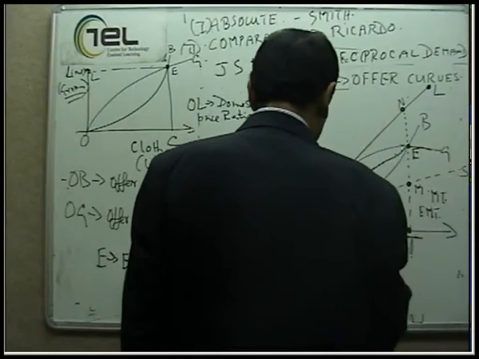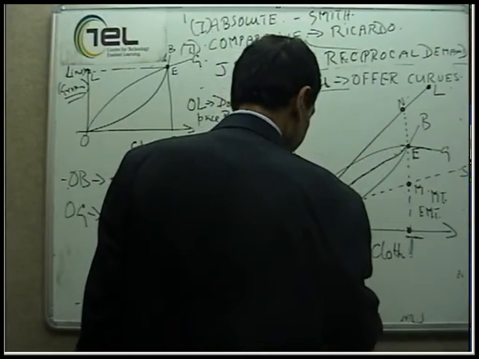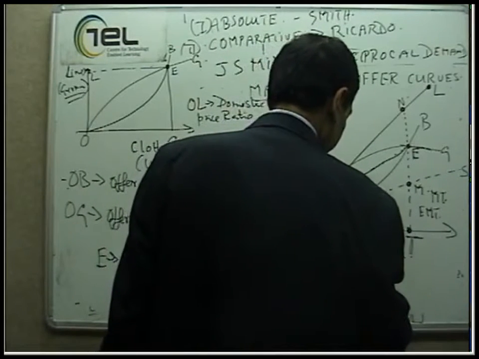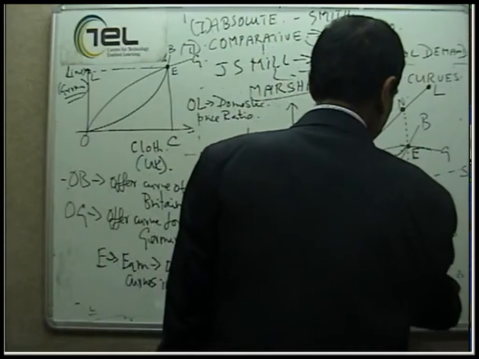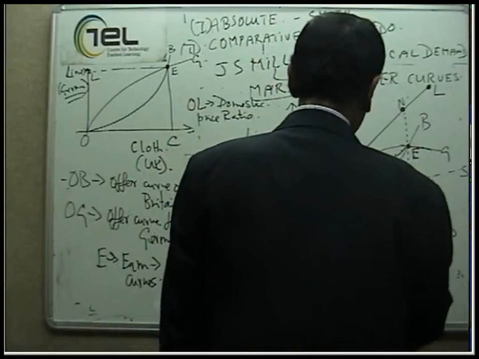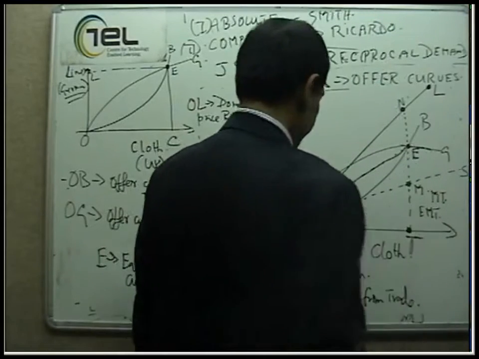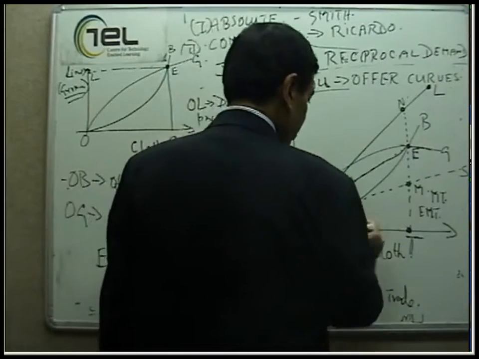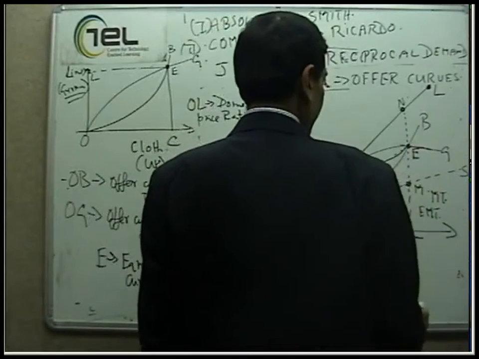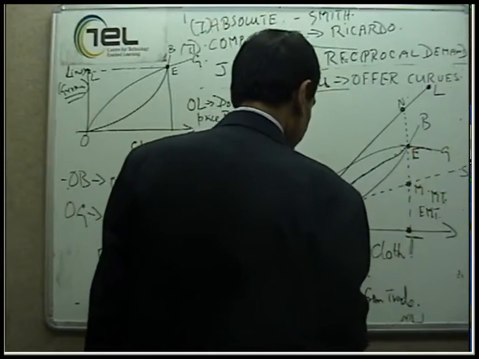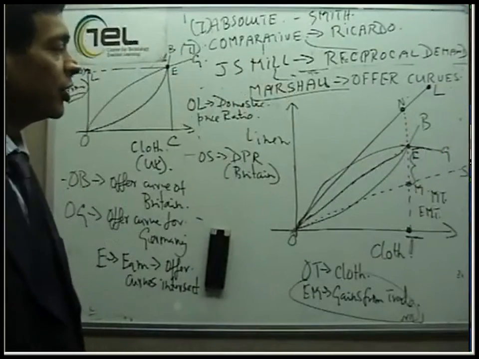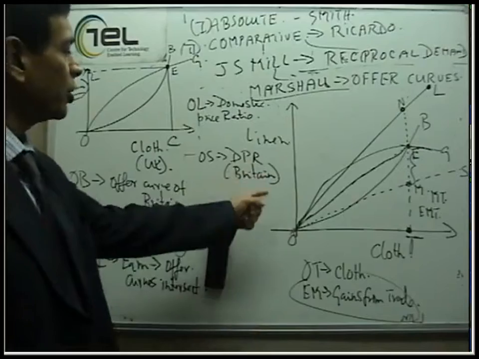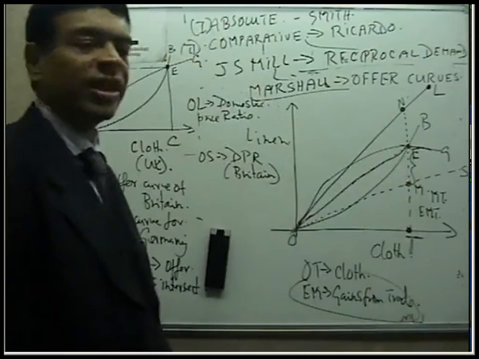So EM is the gains from trade. Without trade, this was the equilibrium, OT and MT. But now, after trade, it is OT and ET. And here, EM is the gains from trade, the additional quantity of linen which it is able to import. This is the gains from trade.